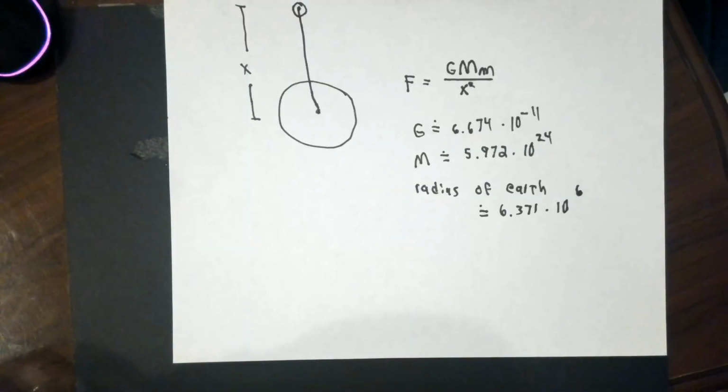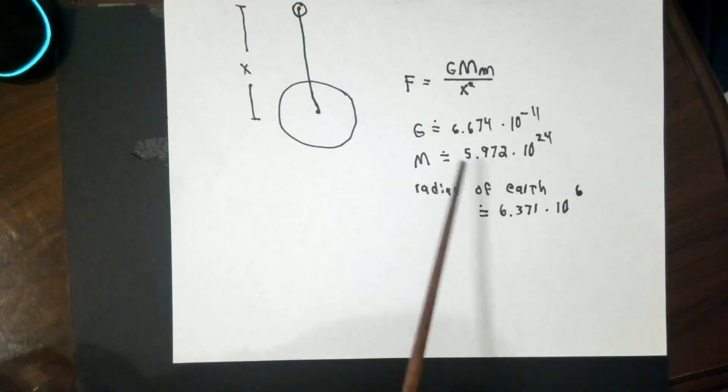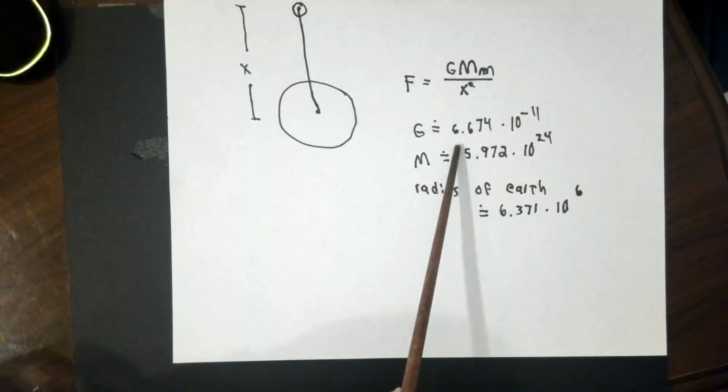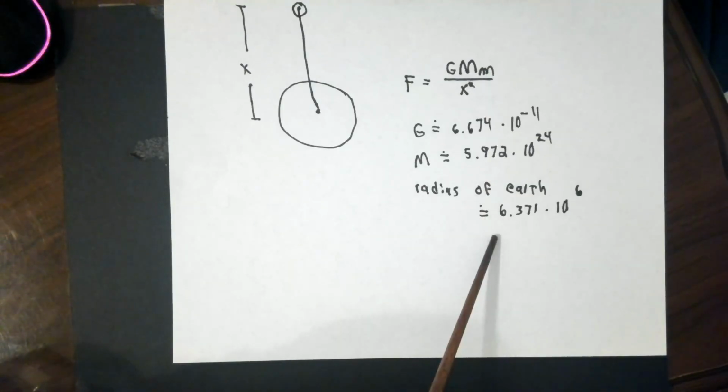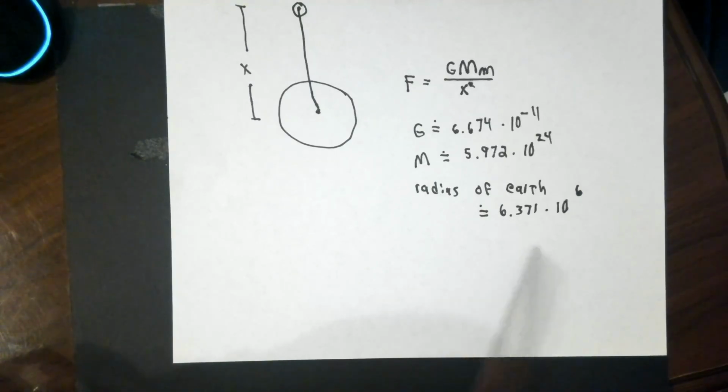If I use meters, kilograms, and seconds for my units, the G works out to be about 6.674 times 10 to the minus 11 power. For reasons that'll become clear in a moment, the mass of the Earth is about 5.972 times 10 to the 24 kilograms, and the radius of the Earth is 6.371 times 10 to the 6 meters.